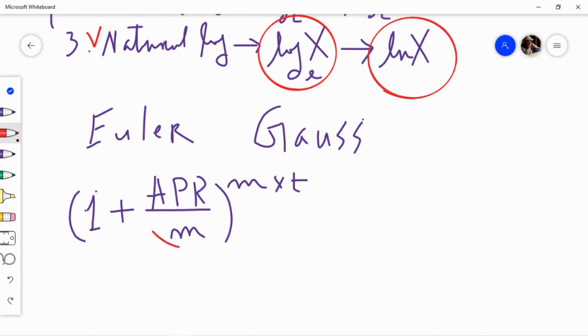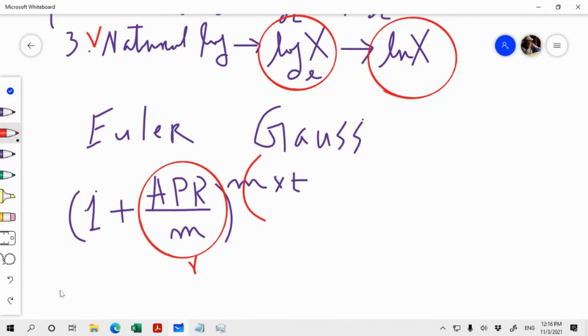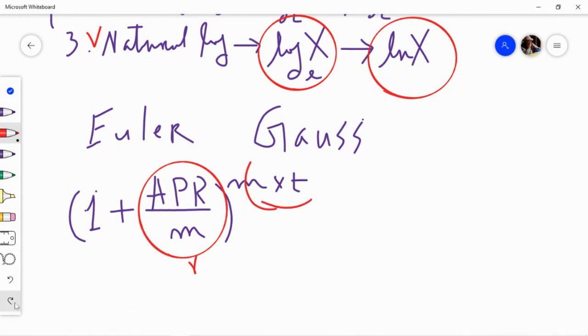In other words, that's R, and this is N. Let's ignore t, and just say time is just 1 year, right?